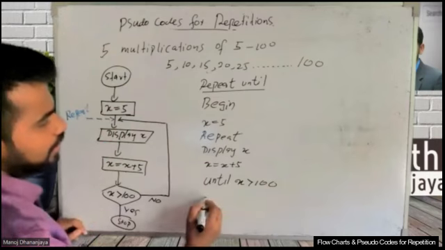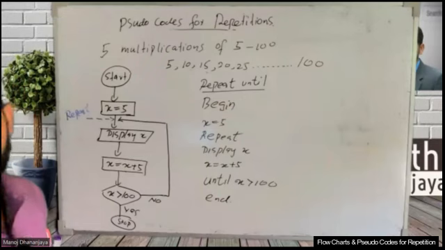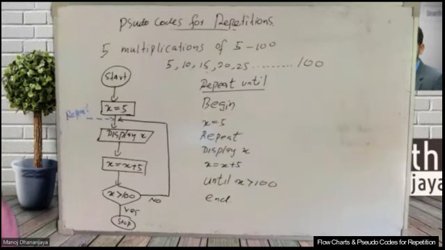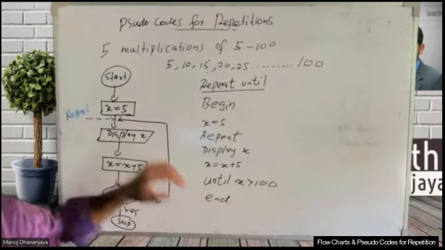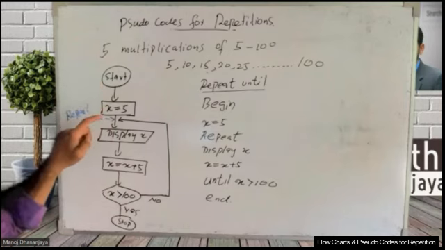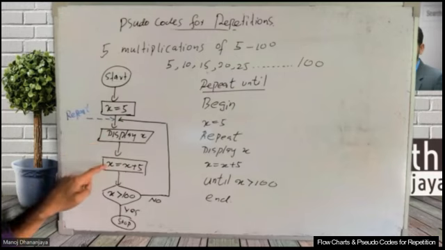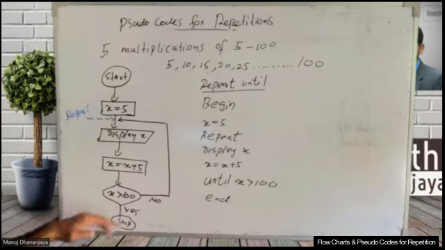Next, we can end it. End. Here, there is no term end until, only we can write end. In while, there is end while, but here no term like that, only end. Begin, it is easy, I think. Begin, x equal 5. Repeat, display x, x equal x plus 5, until x greater than 100, end.